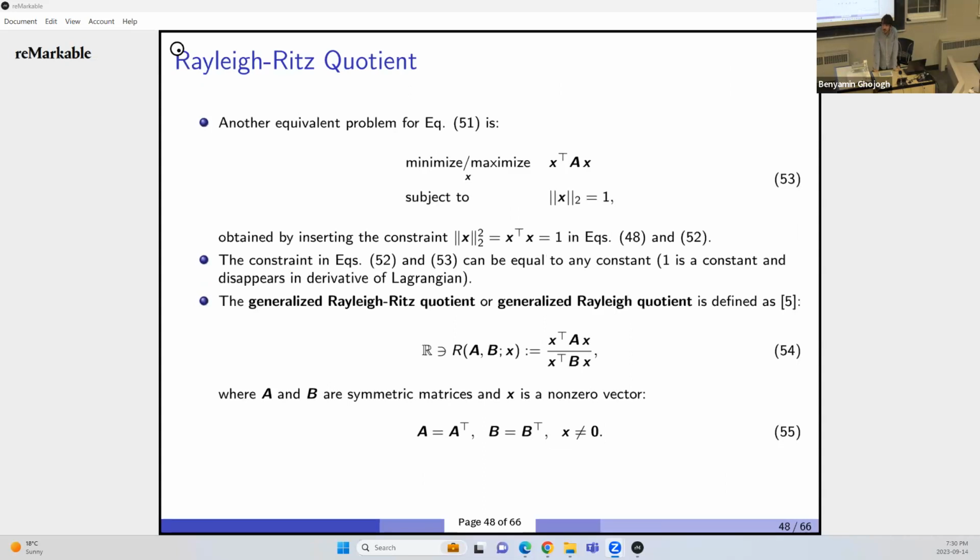Another equivalent optimization form for that Rayleigh-Ritz quotient is this. What is the difference here? Rather than minimization or maximization of the Rayleigh-Ritz quotient, I only consider its numerator, X transpose AX. Why is it equivalent? Can you tell me?